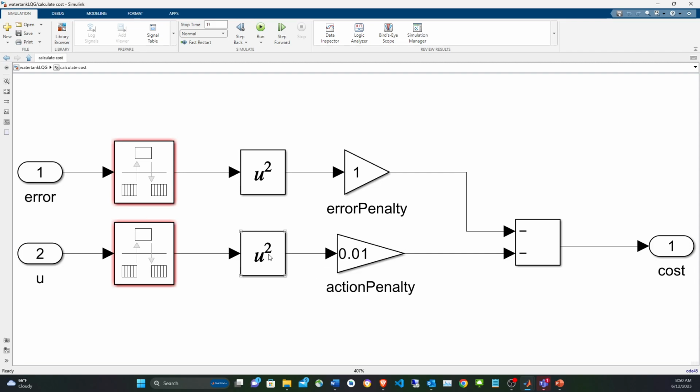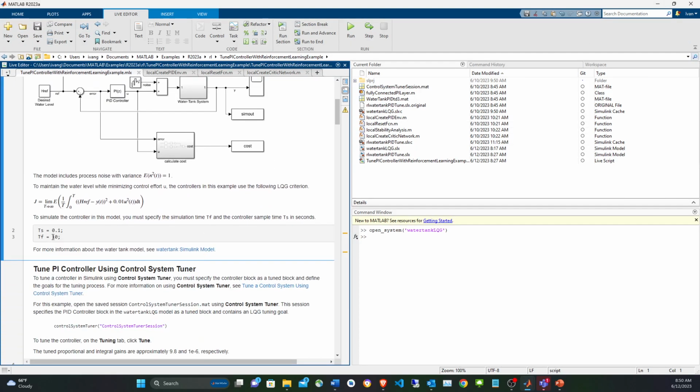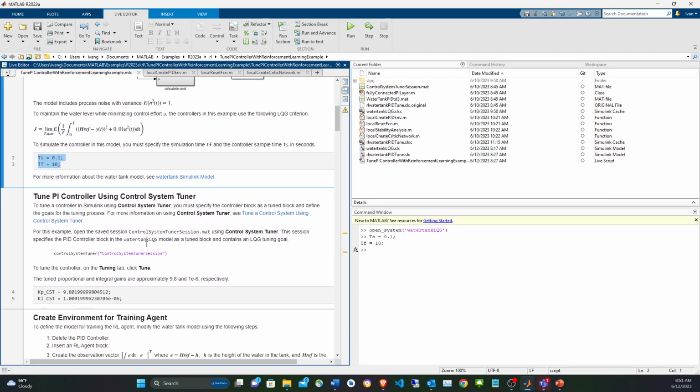And you have the penalty here for the flow of water. So as you can see, there's no positive reward, so you're going to expect a negative reward that we want to minimize. Okay, so now that we have them all, we're going to establish the sample time, which is going to be 0.1, and the final execution time of the model, which is 10 seconds.